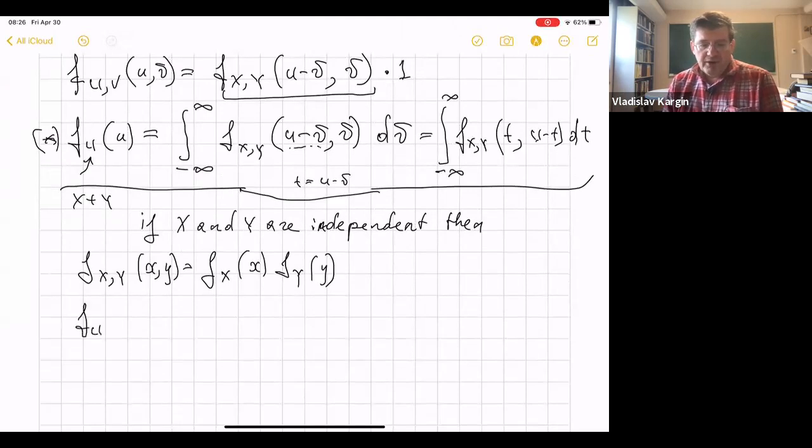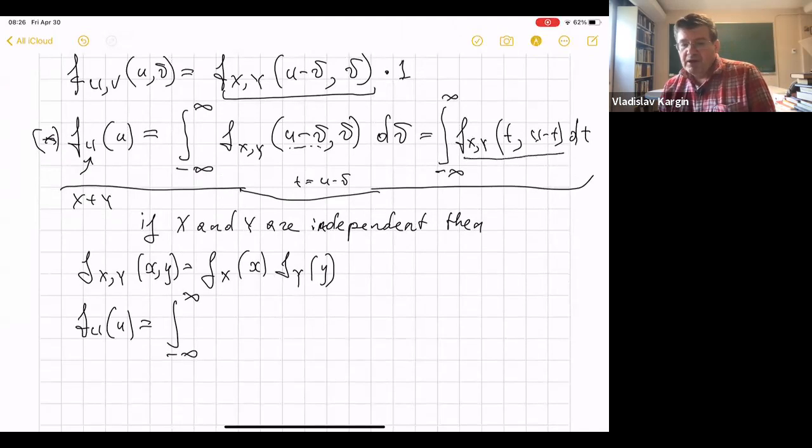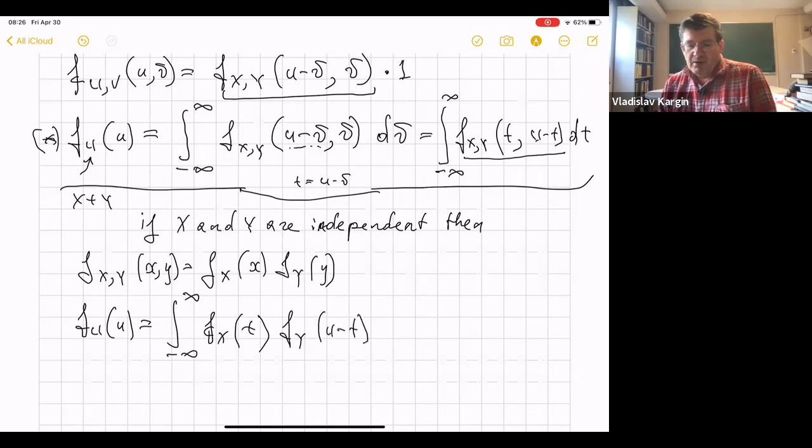We'll have f of u equal to the integral from minus infinity to infinity of f of x, the density of x evaluated not at x but at t, multiplied by f of y of u minus t, dt. This is formula star.